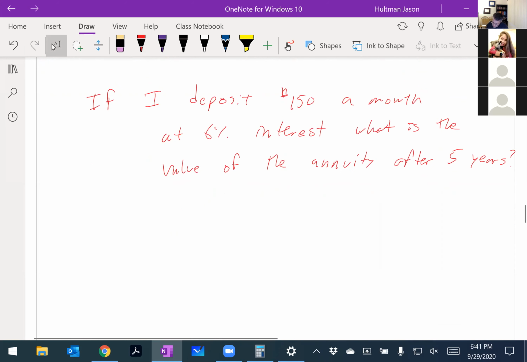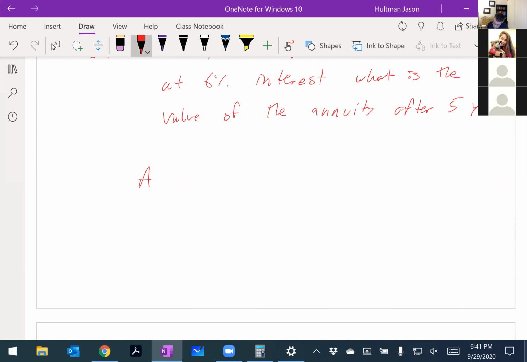Okay, so let's write our formula down again. A of T for deposits is equal to D times (1 plus R over N) to the NT minus 1, all over R over N. Okay, so we're just going to plug in.